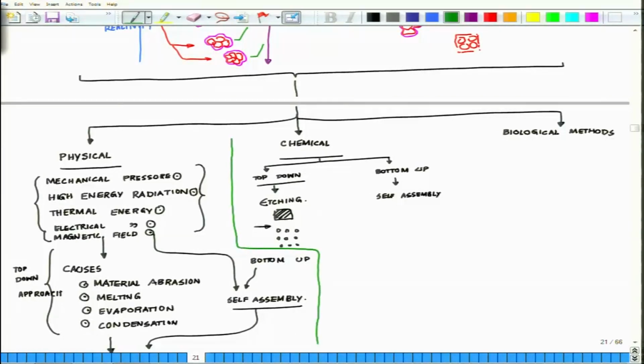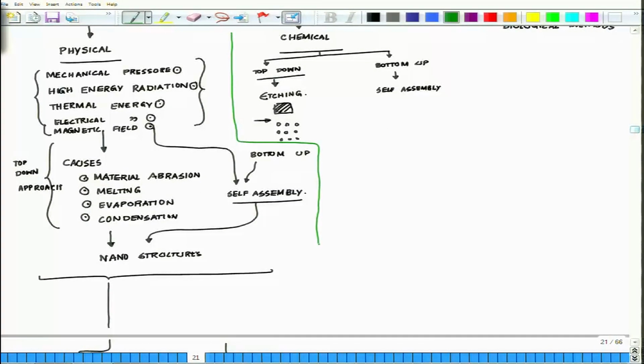Okay, now talking about the chemical methods which are being employed, they fall under these headings. They have sol-gel synthesis, where you have a sol and a gel. We'll talk later about the details of these kinds of synthesis.